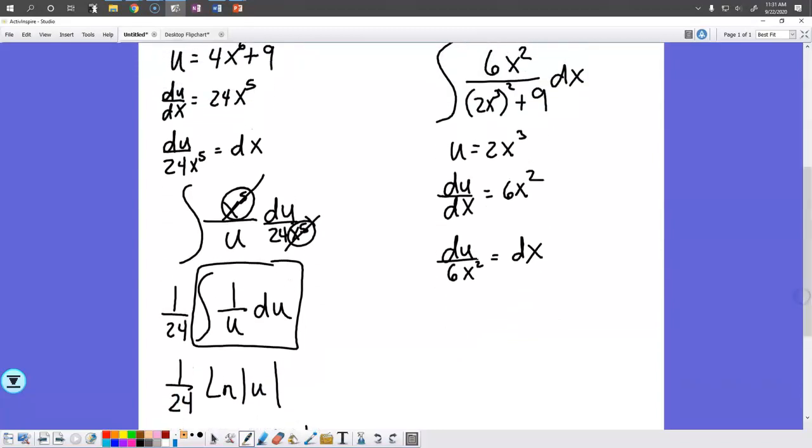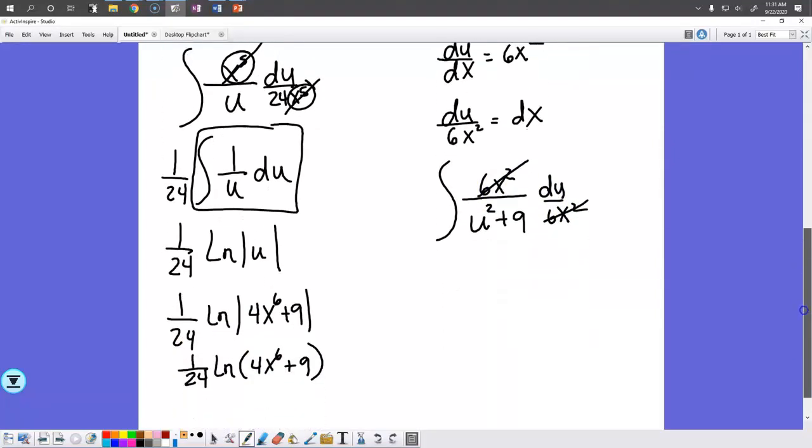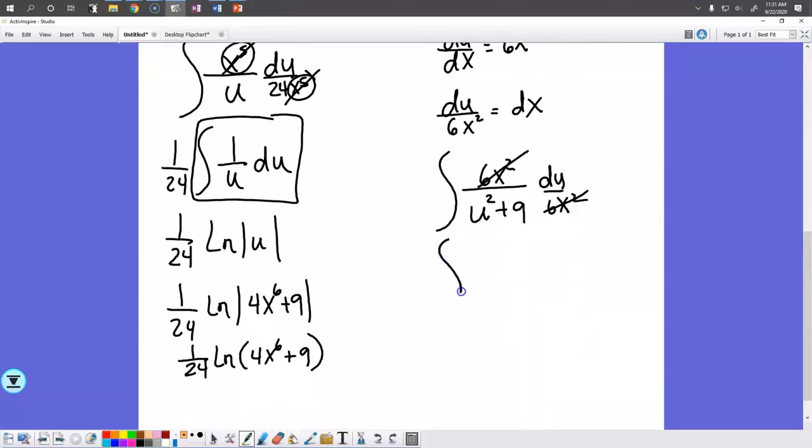And so if I replace these items here, we have 6x squared on the top. We have u squared plus 9 on the bottom. And if I replace the dx with du over 6x squared, lo and behold, those cancel out, and I have now a nice, perfect arc-trig integration pattern.